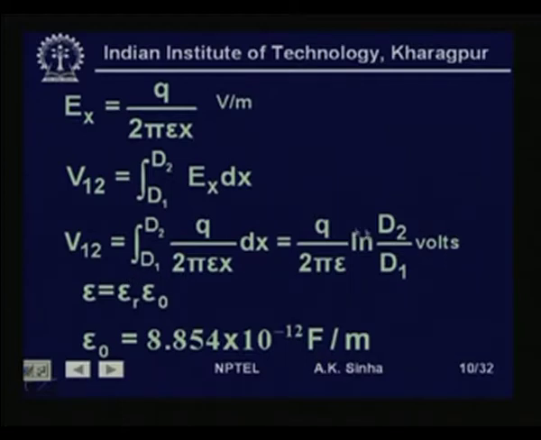Here epsilon, as I said earlier, is the permittivity of the medium, and this is equal to epsilon r into epsilon 0, where epsilon 0 is the permittivity of free space, and for air it is almost the same. Epsilon 0 is equal to 8.854 into 10 to the power minus 12 farad per meter.